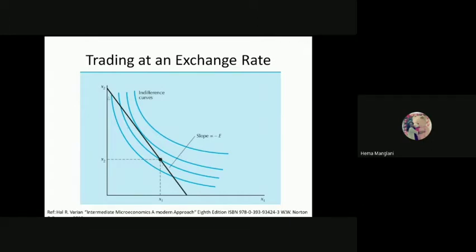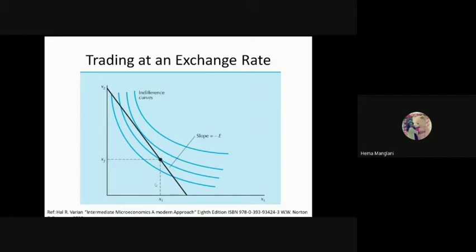Okay. But whenever you do trade, we do follow some endowment, some budgets and all that, which is given to you in that way. So that is why the trading is taking place like this. But always you need to follow this optimal choice with the tangencies.